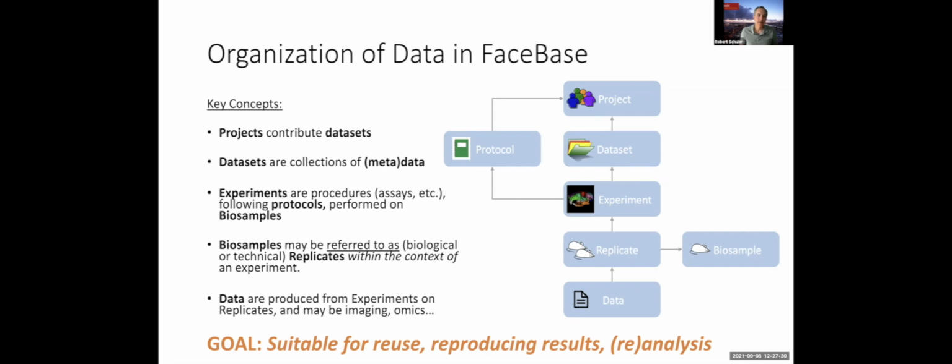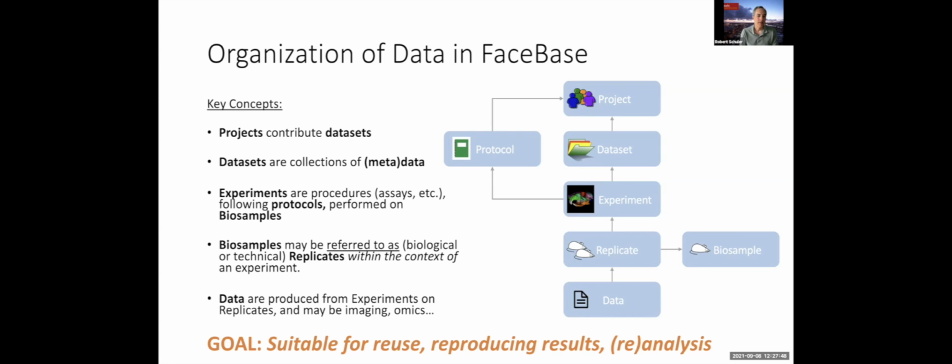Within the context of an experiment, then you would think of this as a set of biological replicates. You might have 3 samples taken to be the control and 3 to be a particular mutant group in an experiment. So those then show up as the replicates that are associated with experiments.